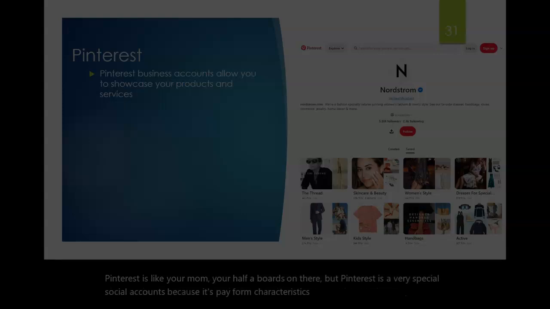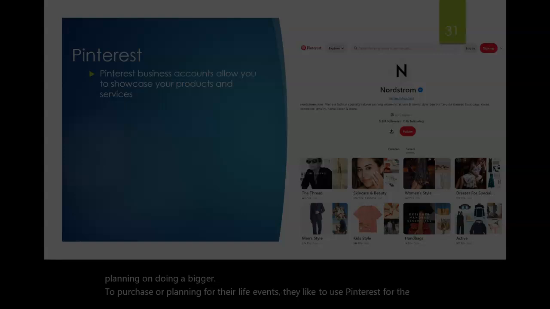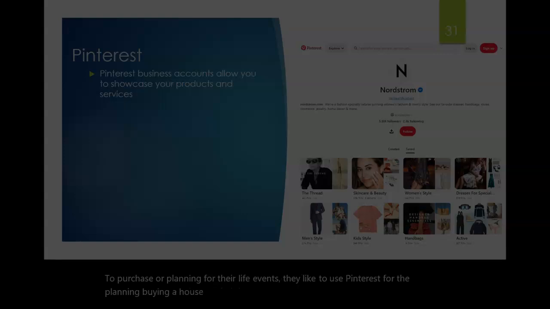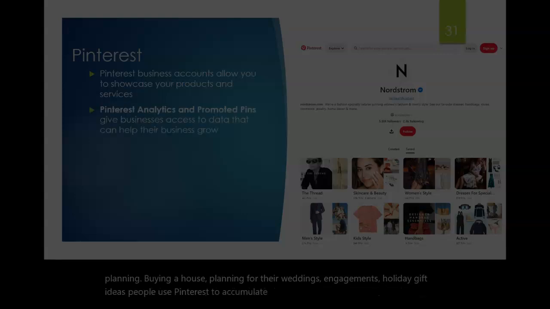A lot of people, when they are planning a bigger ticket purchase or planning for their life events, like to use Pinterest for the planning. Buying a house, planning for their weddings, engagements, holiday gift ideas. People use Pinterest to accumulate these ideas.